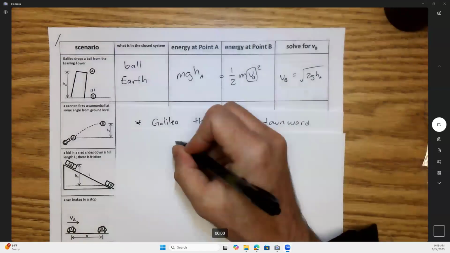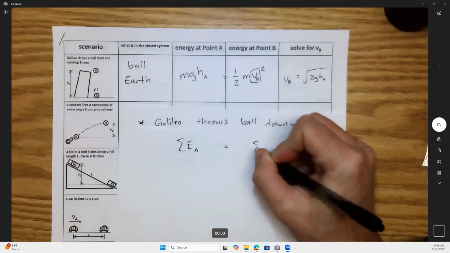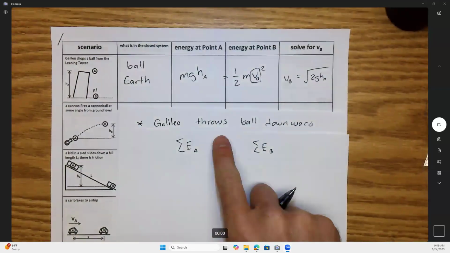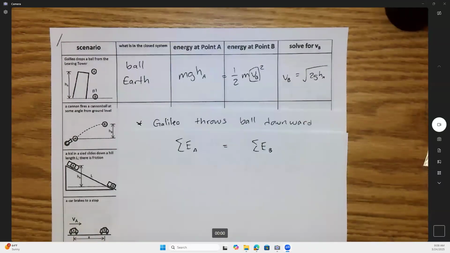Okay. So let's do sum of energy at point A equals sum of energy at point B. Now, if you're throwing the ball downward, can you guys set up that full equation? Go ahead. Great. What's the next line right there? Go ahead. Set up the next line.